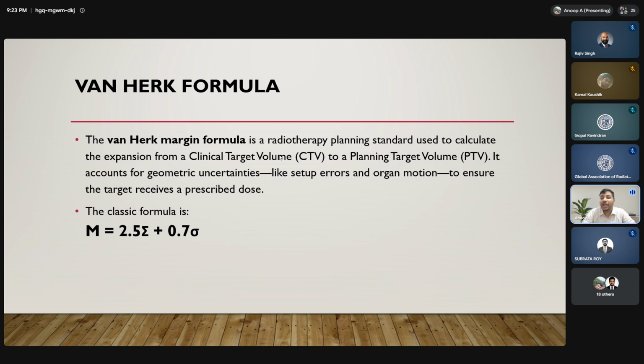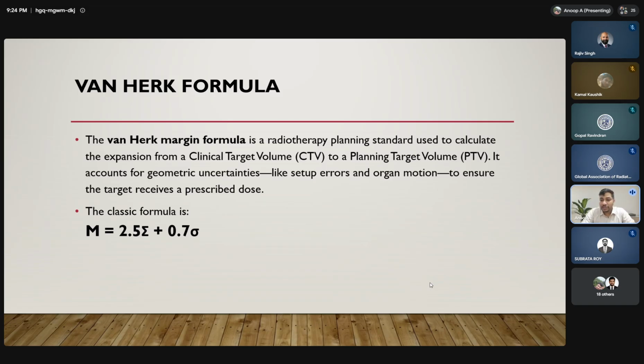It's an industry standard mathematical recipe used in radiation oncology to calculate the PTV margin needed around the target. The primary purpose is to ensure that 99% of patients receive at least 95% of the prescribed radiation dose to the clinical target volume, accounting for geometrical uncertainties during treatment.